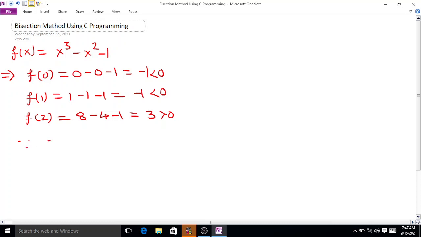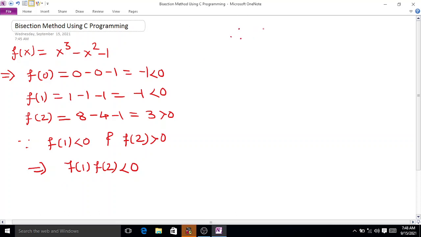Since f(1) is less than 0 and f(2) is greater than 0, this implies f(1) × f(2) is less than 0, and therefore the root lies in the interval (1, 2).